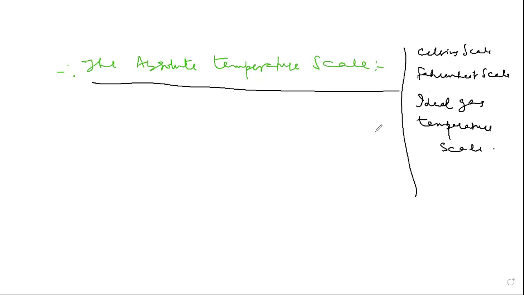And at that time we said that the ideal gas temperature scale is defined up to a temperature of about 2 degrees, at which helium is used as a gas in the thermometer. Below that, we don't have any substance which can exist as a gas inside the thermometer. So for those temperatures, we use the absolute temperature scale, also called the Kelvin scale.